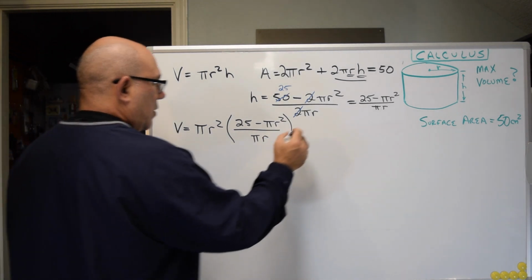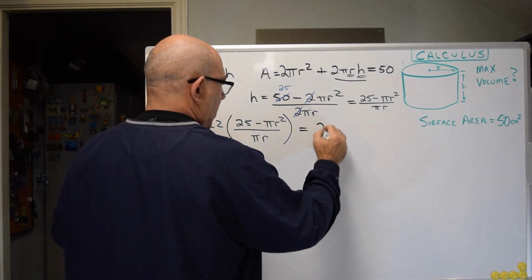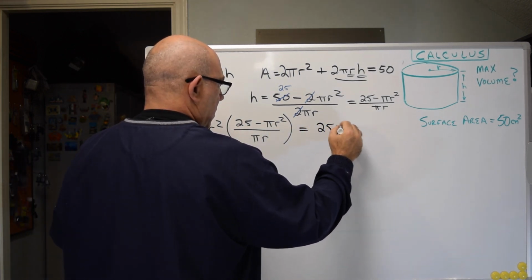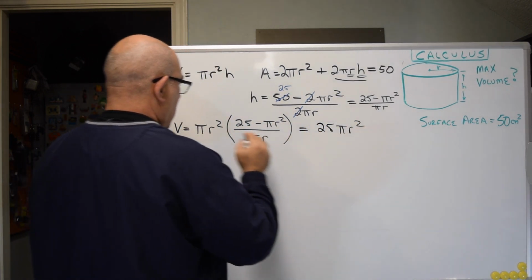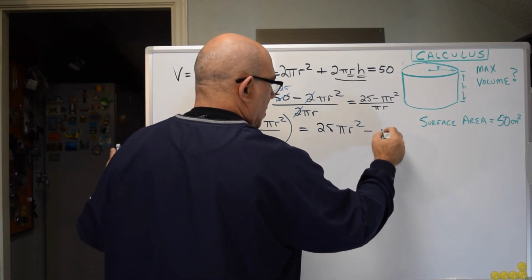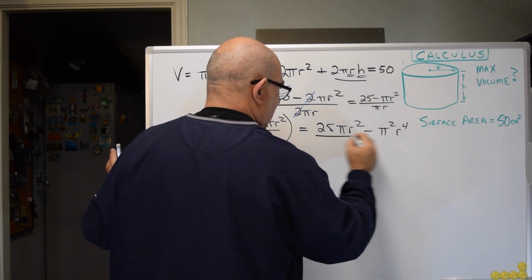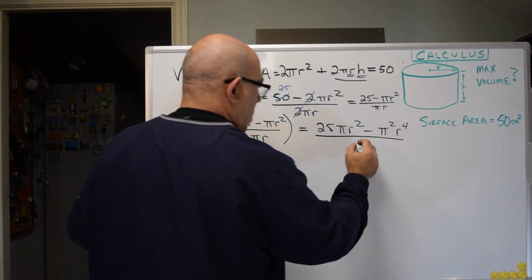The volume will equal 25 pi r squared minus pi squared r to the 4th, divided by pi r.